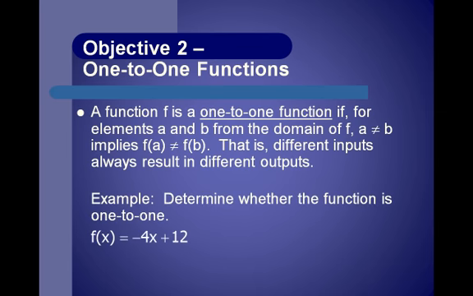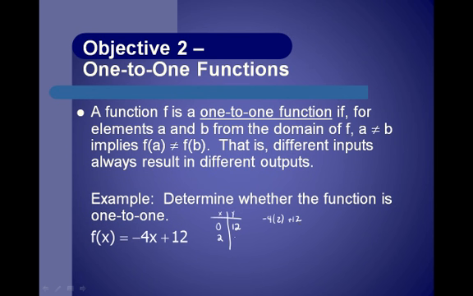For example, determine whether the function is one-to-one. Well, we could go through and pick some points. If x is 0, f of 0 would be positive 12. If x is 2, we would get negative 4 times 2, which is negative 8.